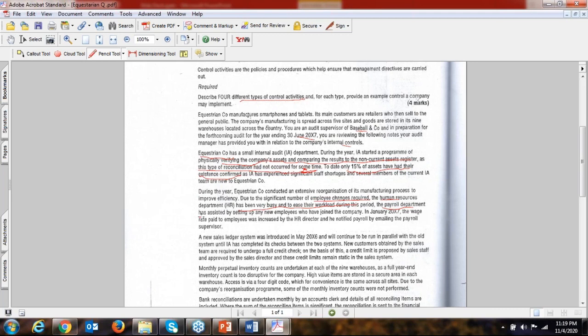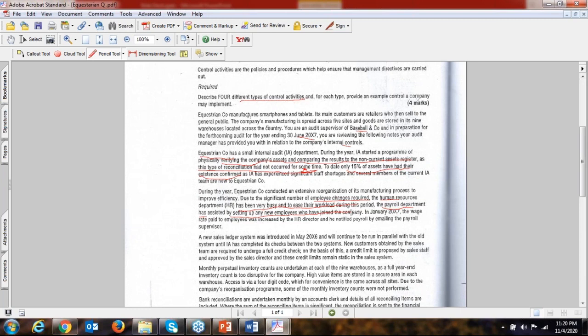So this is the deficiency. There are two departments, HR department and payroll department, but the HR department is busy. Due to this, the payroll department has assisted by setting up new employees who have joined the company.